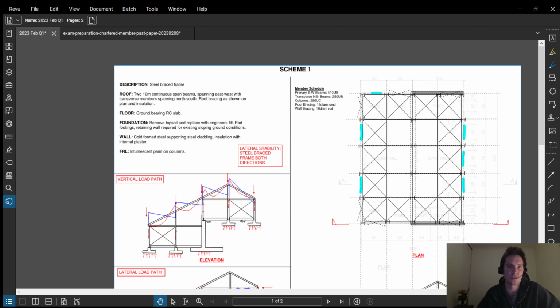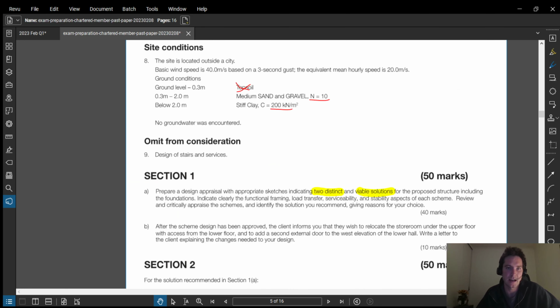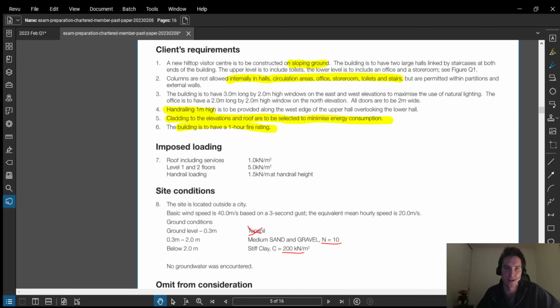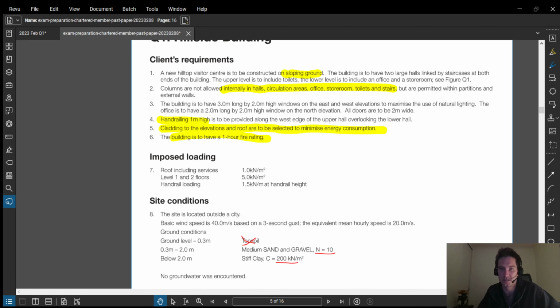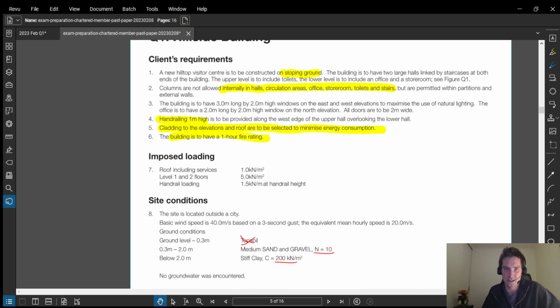But it's also an opportunity to sneak in how I'm addressing some of the client requirements that I wouldn't really be able to address in a sketch. For instance, the cladding and the elevation and roof would be selected to minimize energy consumption. For me, in my concept stage, that's going to be best addressed just with some commentary or some text, as well as my fire resistance.